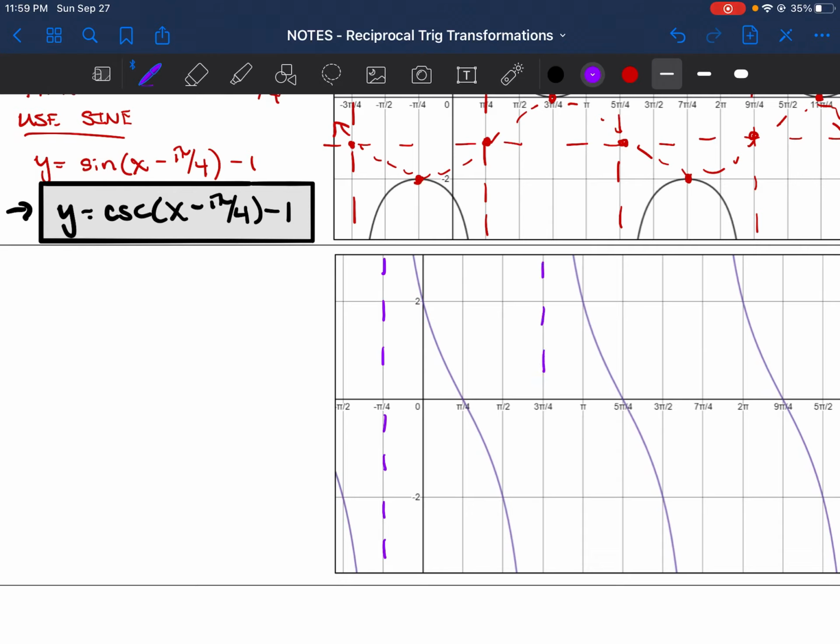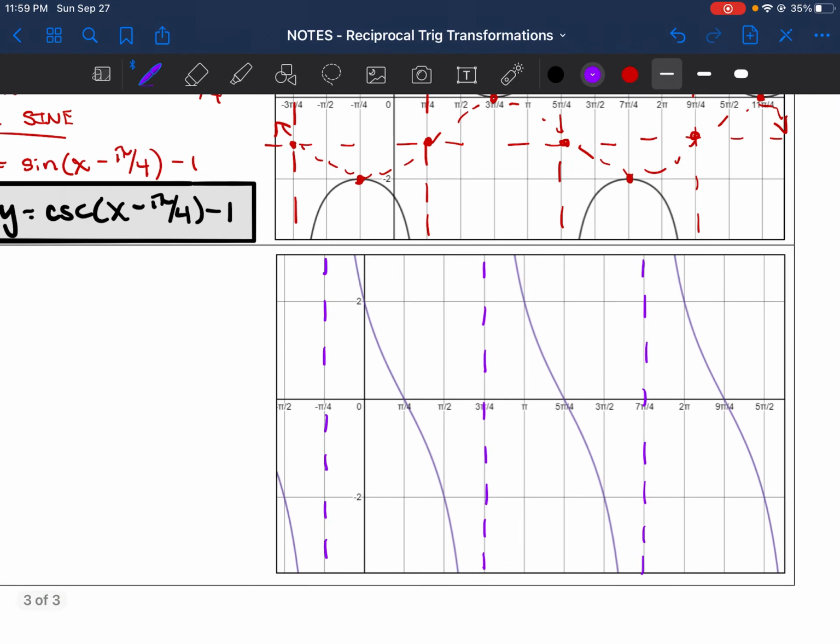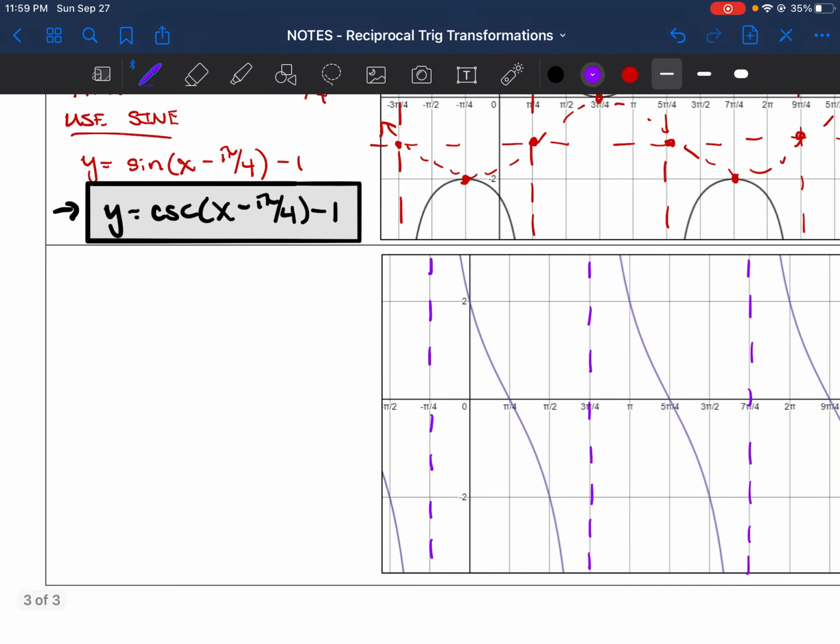So it looks like our asymptotes have been shifted to the left by pi over 4, which means the entire function has been shifted left by pi over 4. Okay, so that's one thing I'm going to take note of. So phase shift: left by pi over 4.